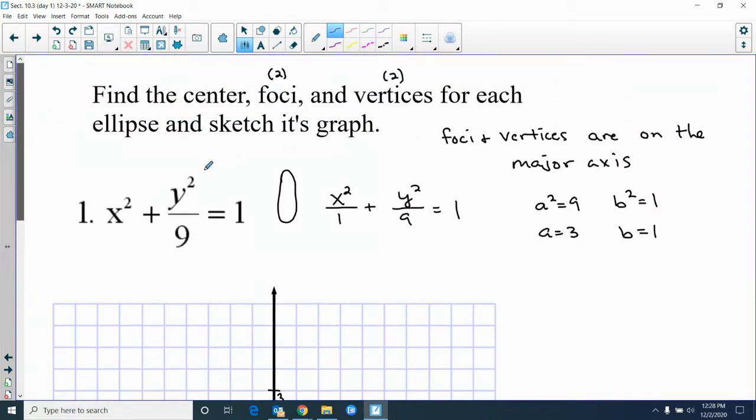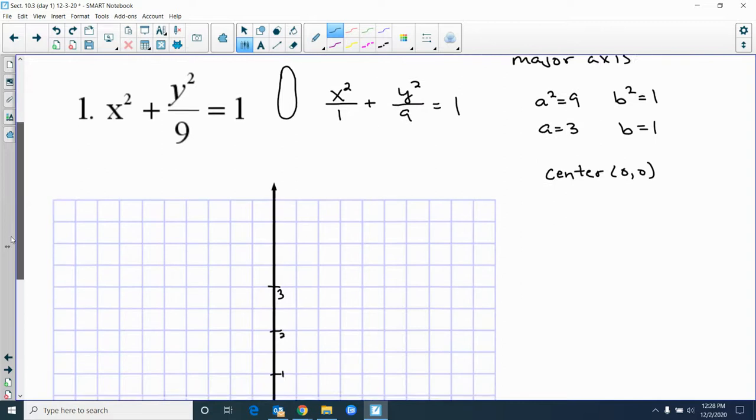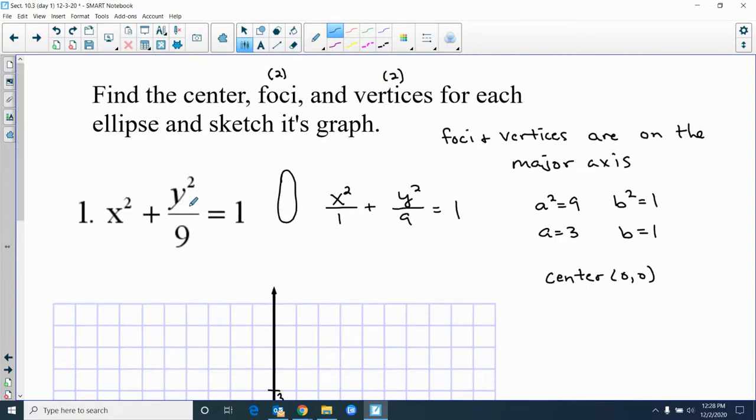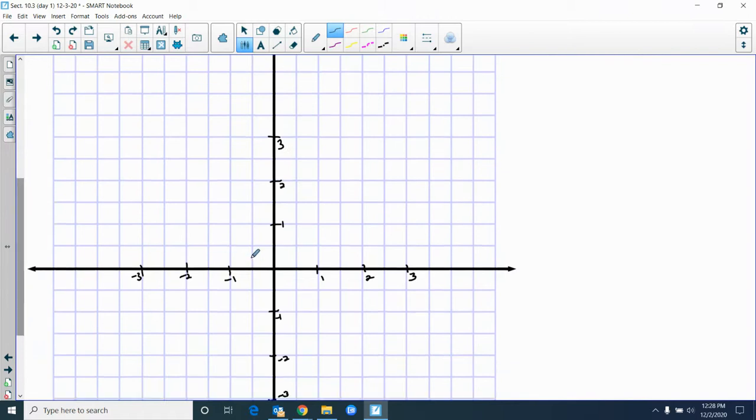Now, if you just have an x squared and a y squared, that tells us the center is 0, 0. From there, we go depending on where the a or the b is. Since the a is underneath the y, that tells us how far to go up or down, the square root of that. So we go up or down 3 and put a dot.